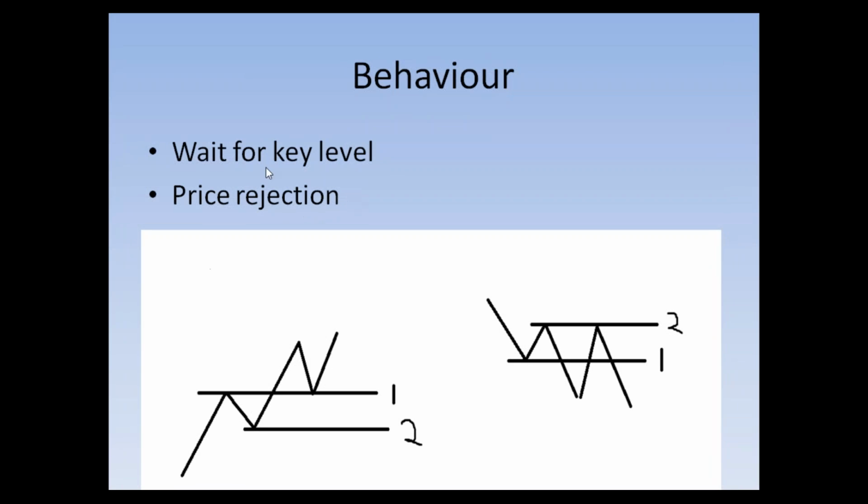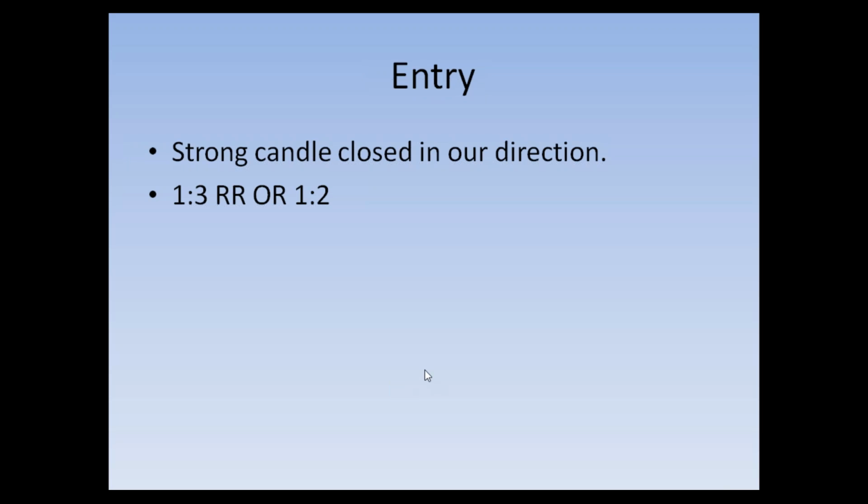So there are two things in key levels. First of all, we'll wait for the key levels, and the second, we'll look for price rejection. Okay, so this is the most important point. We must get rejection, either at the first level or the second key level. Now, how will we take entry? Whenever a candle closes in our favor, in an uptrend it should be a bullish candle.